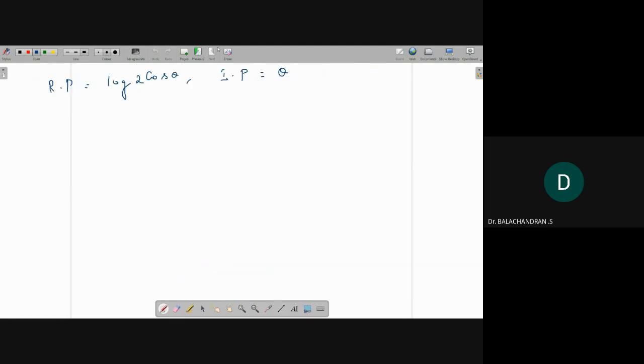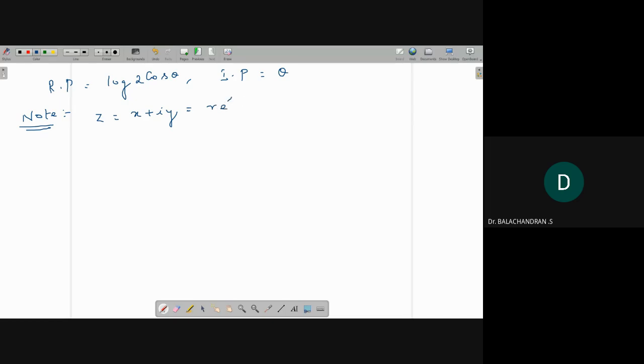So next problem. Okay, so before going to the next problem, I will give you a note. This is useful for you. So when z equal to x plus iy, you can write in polar form. You can write what?